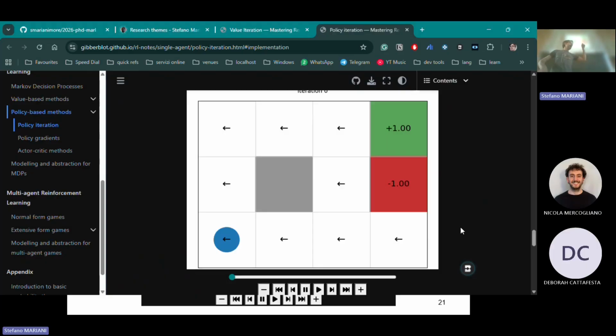Now we replace the numbers with an arrow, and the arrow symbolizes the best action. Since the actions are go north, south, east, or west, we can put the best action in every tile.